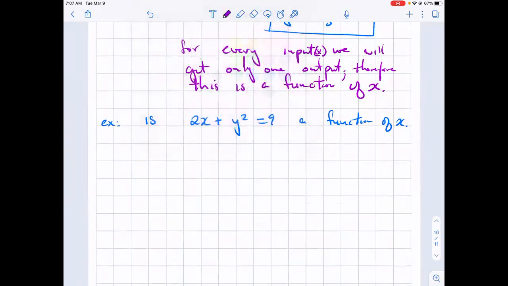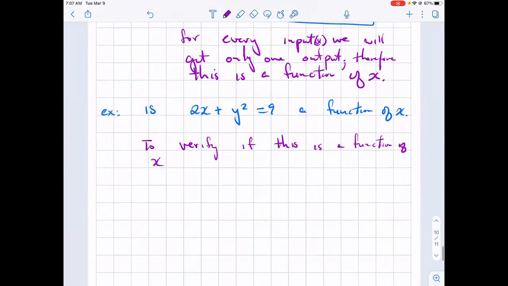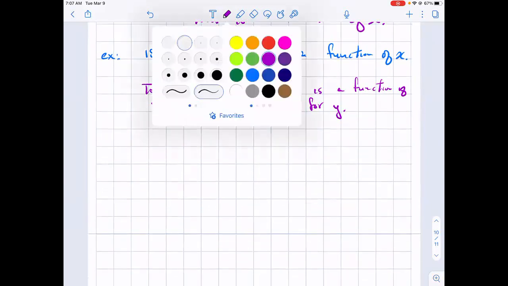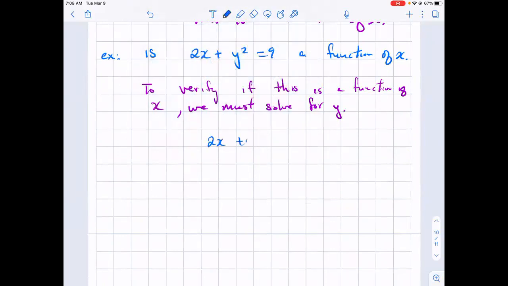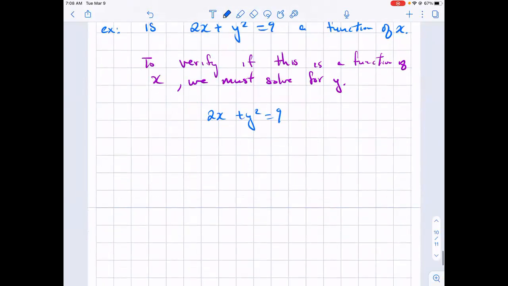So to verify if this is a function of x, we must solve for y. Okay. So we have 2x plus y squared equals 9. I'm going to minus 2x on both sides. If I do this, I have y squared is equal to 9 minus 2x.